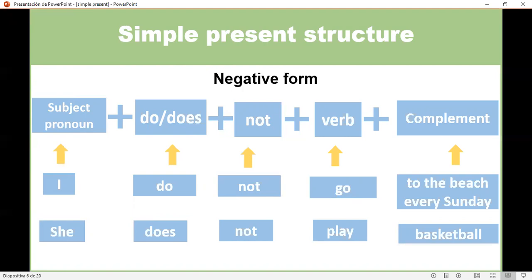We add not, we add the verb in the base form, and we add the complement. Subject pronouns, remember, I, you, he, she, it, we, and they. Do or does, or in this case, in negative, don't or doesn't. We use the verb and we use the complement.